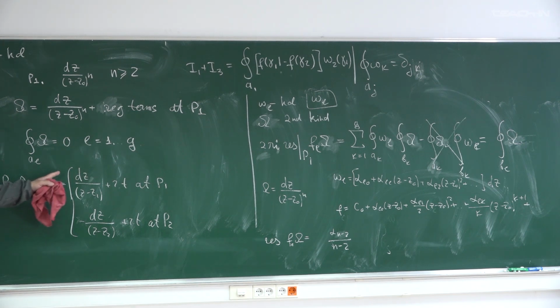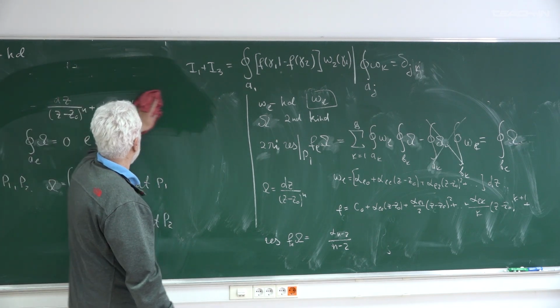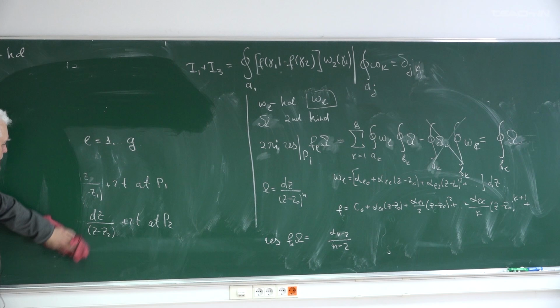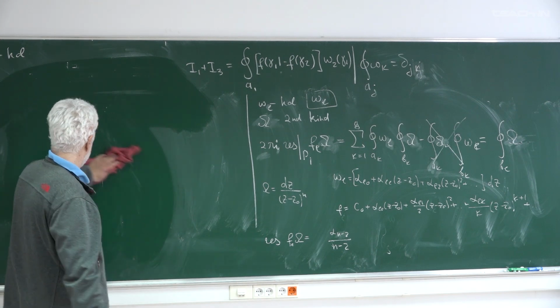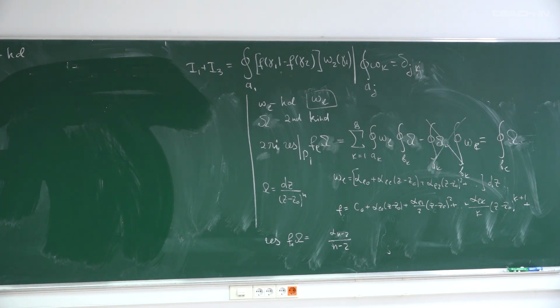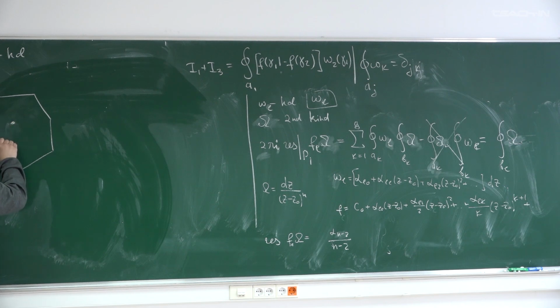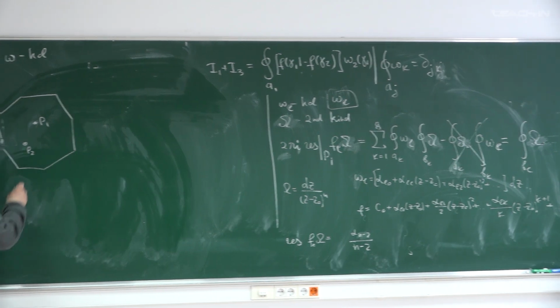And now consider the last. Assume that we have such a differential. What happens? Okay, let me remove it. And we consider what happens with the last differential. In the last case, we have the following form. We have 2 points, P2, P1, P0.